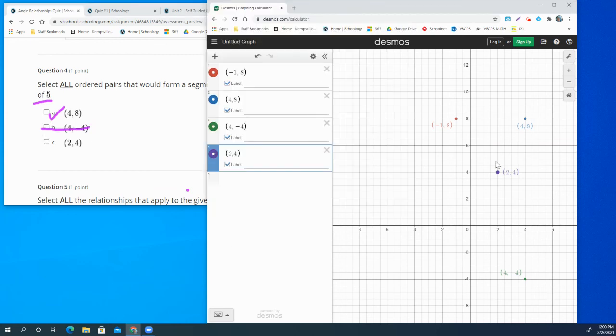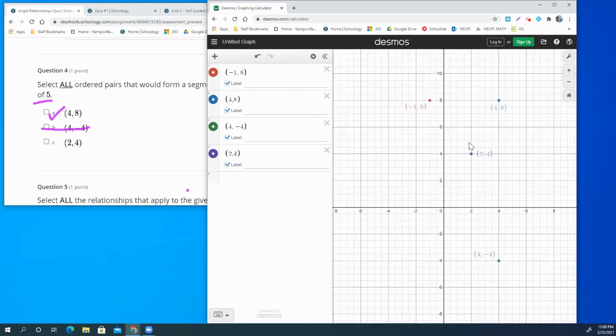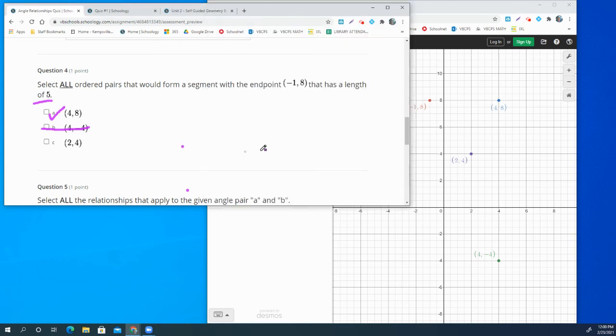Then I've got to do distance formula to check this guy. This 2, 4, you've got to do the distance formula. So my suggestion when you get questions like this, and you might, is to graph everything you can graph in Desmos, eliminate the junk answers, find the easy answers, and then test what's left over. Sound good?